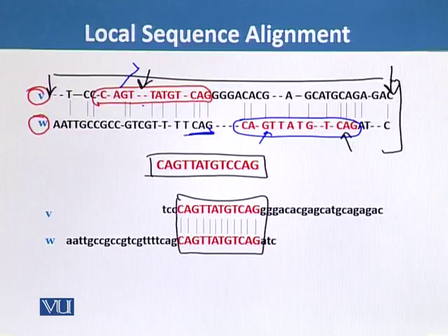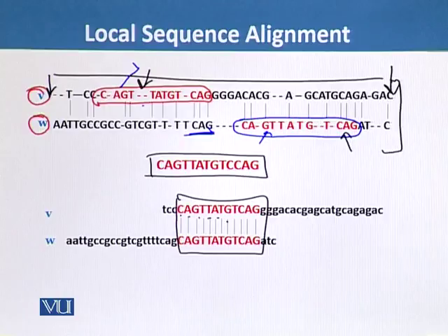So for this purpose, we slide these two genes so that the two domains align with each other, and the score will be much higher than the score for the global sequence alignment.